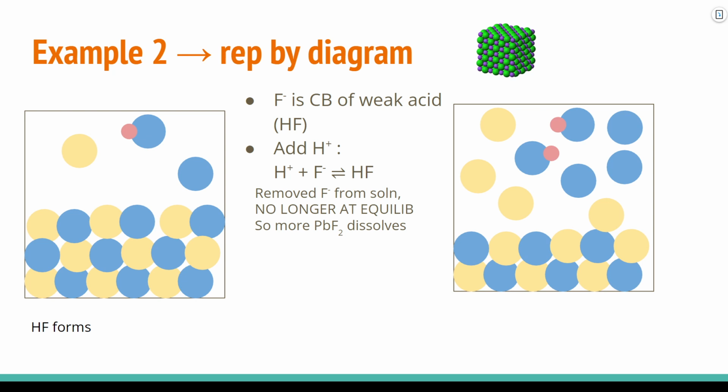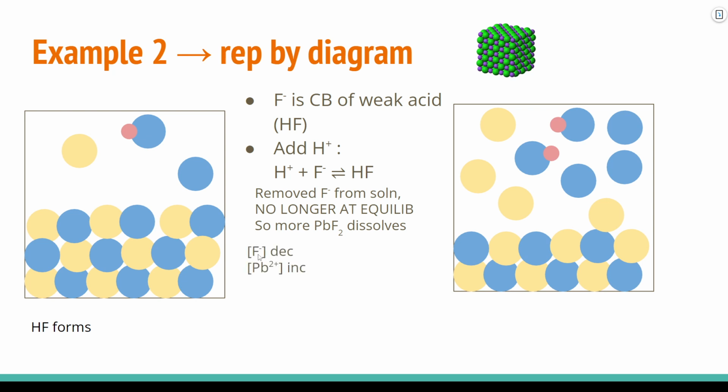And so just to repeat this one more time, the solubility is increasing when the pH is decreasing, because when I add a H plus, it is going to interact with the F minus ions and therefore make the weak acid HF. Cool? Cool. Okay.